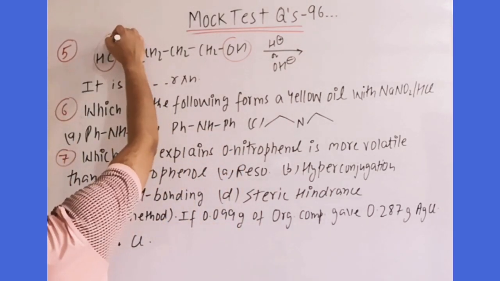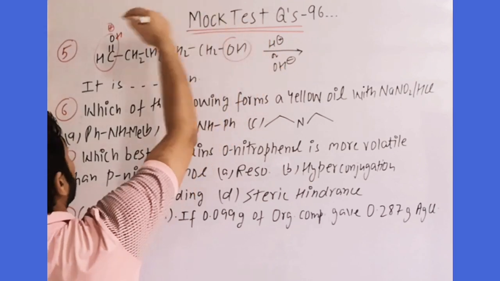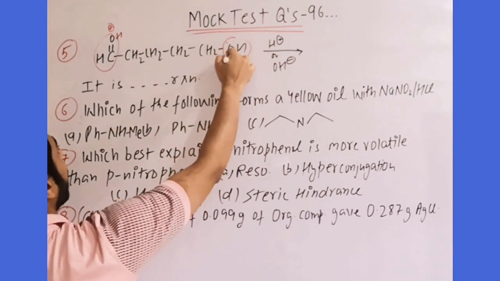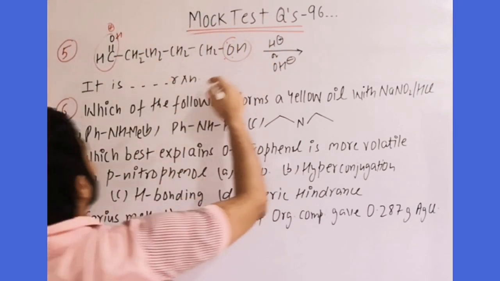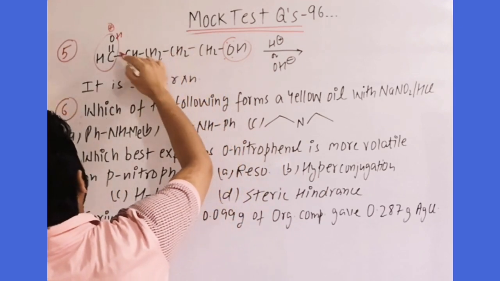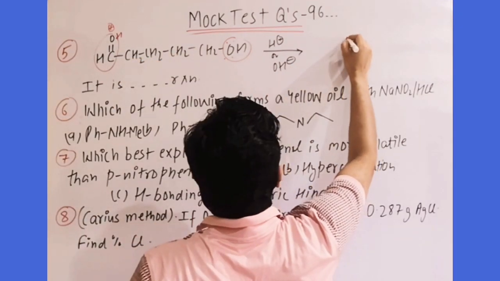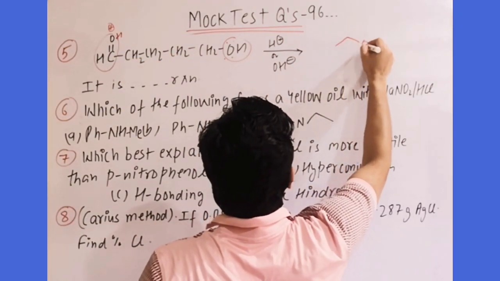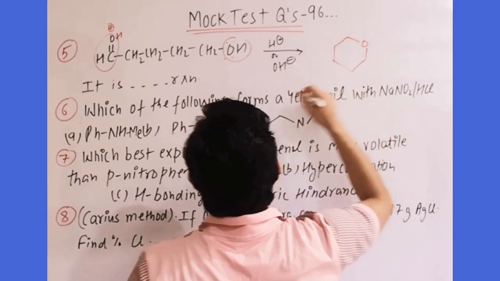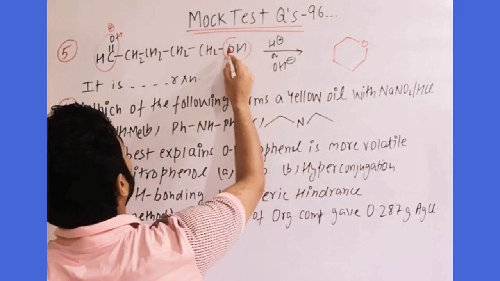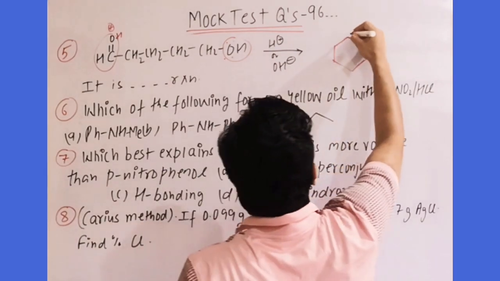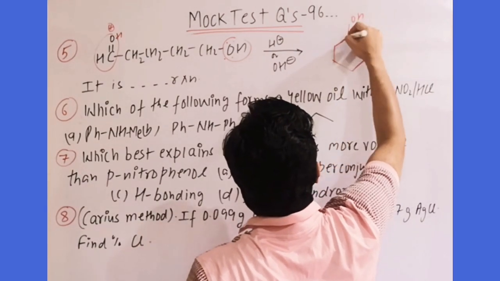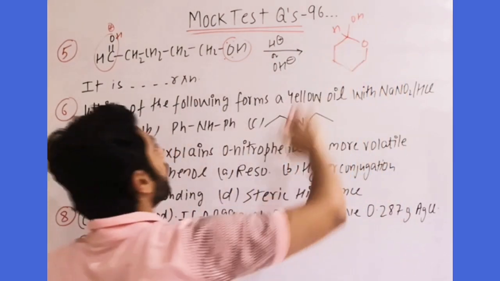Here the carbonyl becomes OH plus because of the acidic medium or dry HCl, and then the internal nucleophile will attack here. 1, 2, 3, 4, 5, 6, a 6-membered ring with O included in it, and this oxygen will combine with the carbon where it is having OH and H. Finally, I am forming this.